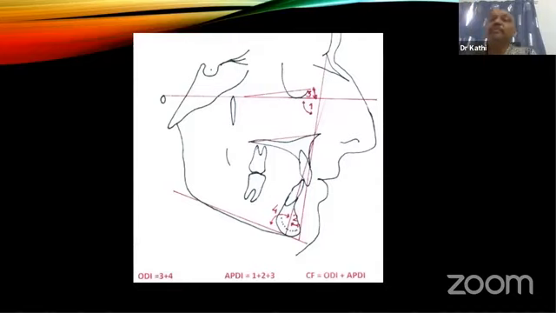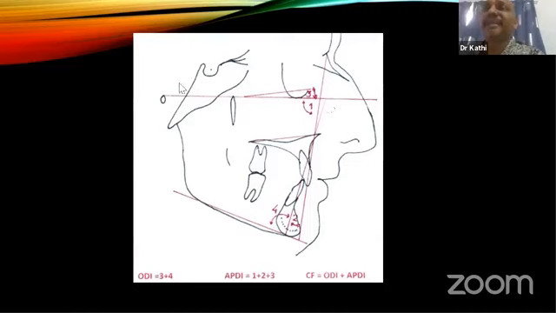So how do we measure this ODI? It was popularized by Dr. Kim, a popular orthodontist who did a lot of work in the vertical dimension. He developed the MEAW technique to improve the vertical relationship.